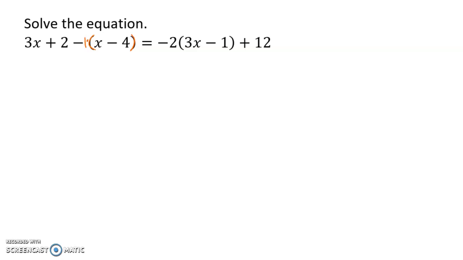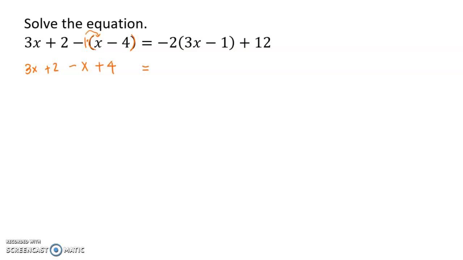You can see it as negative 1 times x minus 4. Okay, so first I want to write down 3x plus 2, then distribute negative 1 to x. Negative 1 times x, that's negative x. Negative 1 times negative 4, that's a positive 4. Okay, that's on the left side.